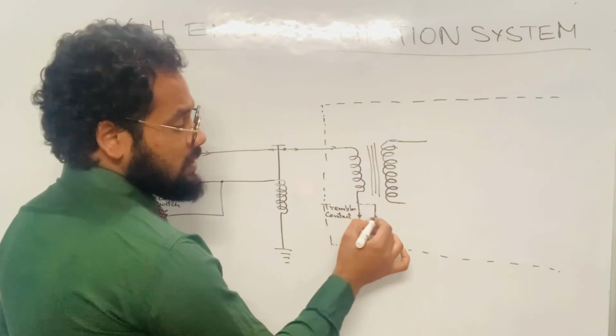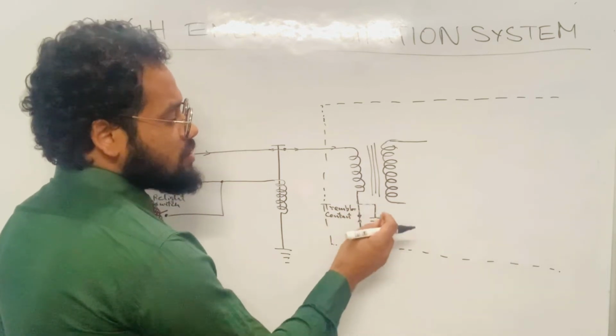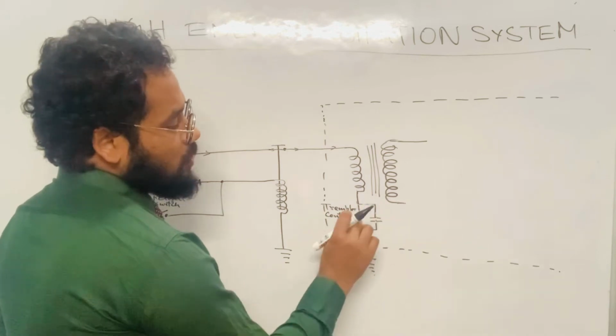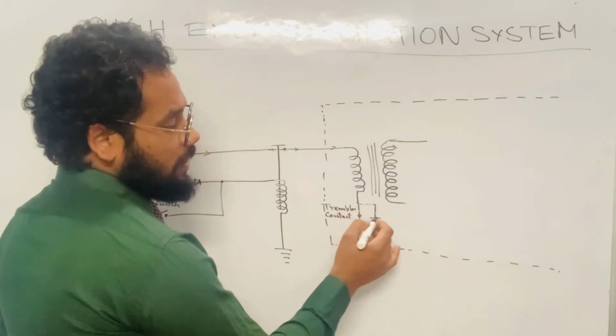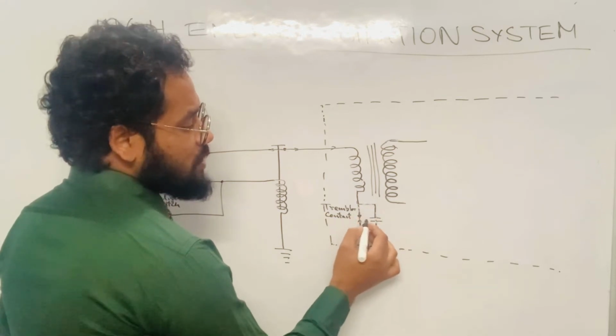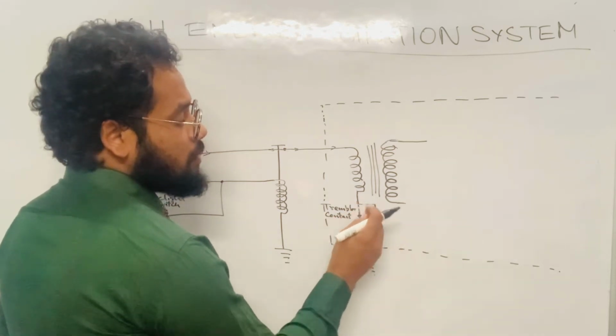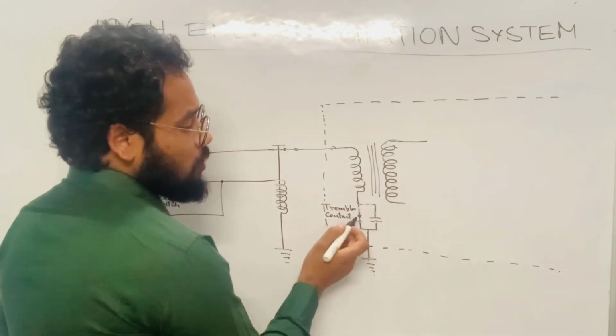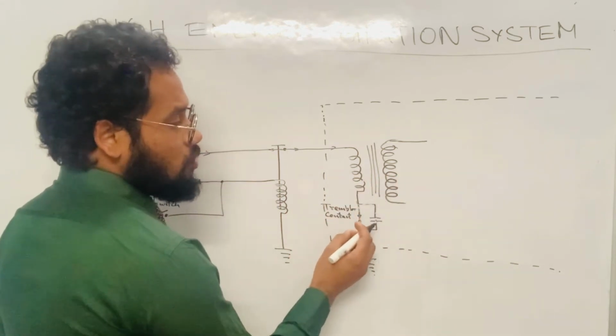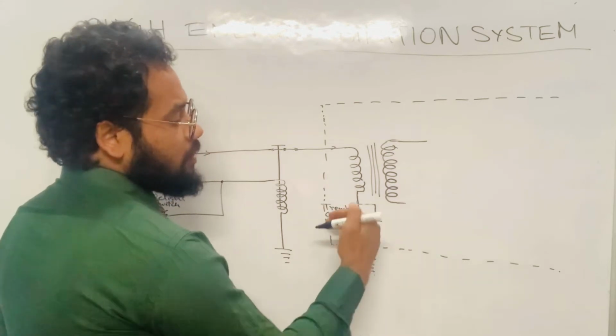So this capacitor repeatedly charges and discharges, causing these contacts to open and close, hence the name trembler. This cycle of recharging and discharging of the capacitor keeps on repeating as the circuit is in operation. When this is happening, we should note that these contacts are also opening and closing continuously.